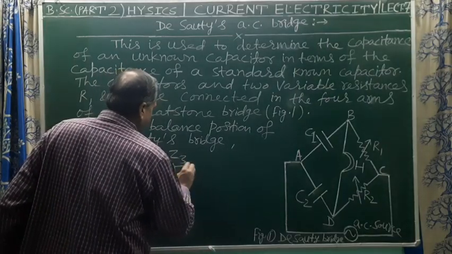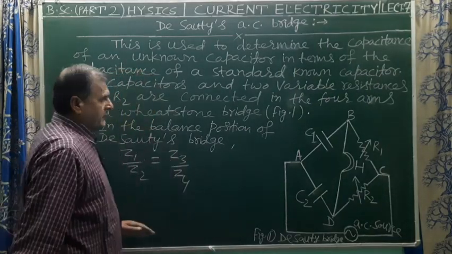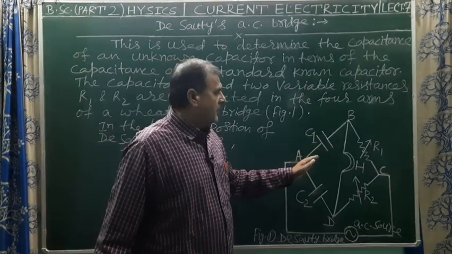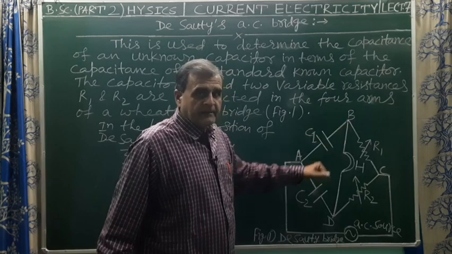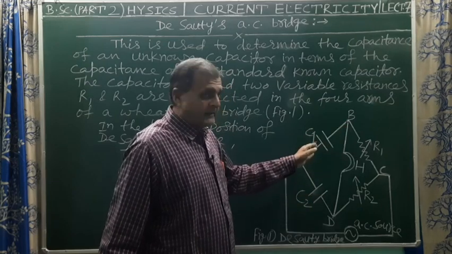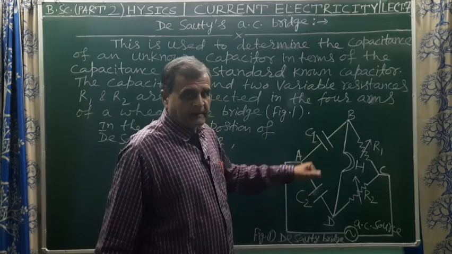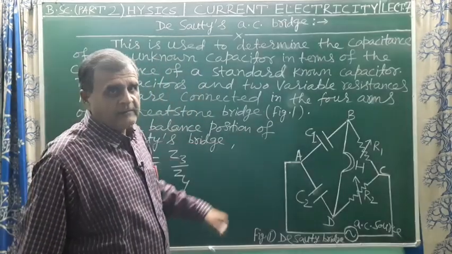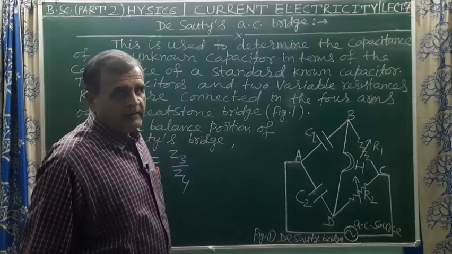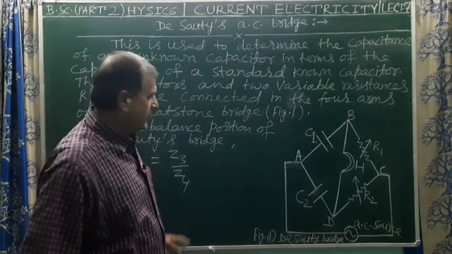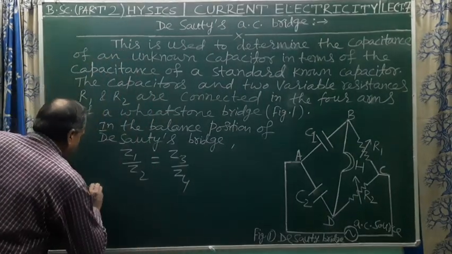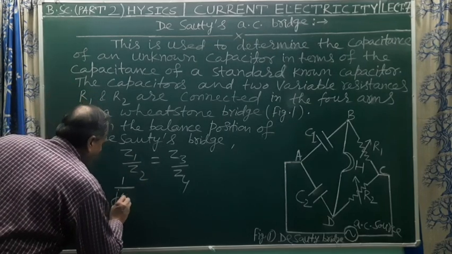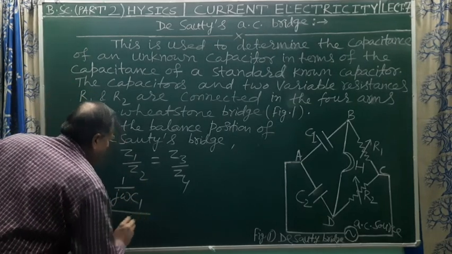where Z1 is the impedance of arm AB, in which a capacitor of capacitance C1 is connected. So the impedance of capacitance C1 is 1 by J omega C1. So in place of Z1, we can write 1 upon J omega C1, upon Z2.